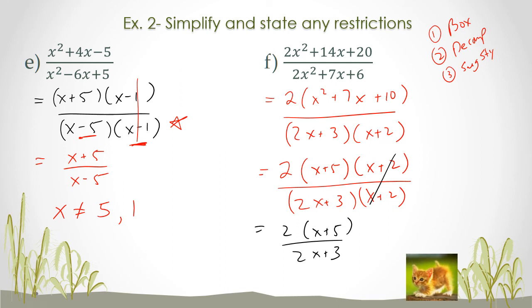Now we're going to state our restrictions. We will go back up to the step where we started canceling. So I'm going to look here. x cannot equal. Now the first one's kind of easy. It can't equal negative 2. The next one, you can solve that how I have been so far, setting it equal to not 0, solving a simple equation. The other way to do this simply, I see a plus sign.